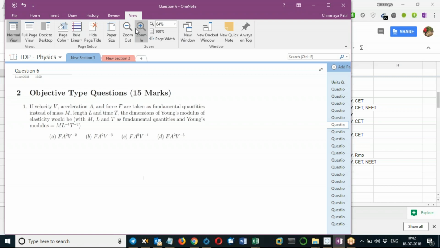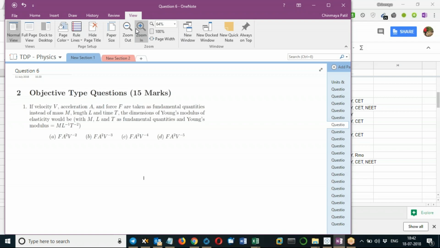But sometimes, to test how well you know these fundamental units and the relations among them, questions come like this: instead of mass, length, and time, if we consider velocity, acceleration, and force as the fundamental quantities, how will Young's modulus be represented?